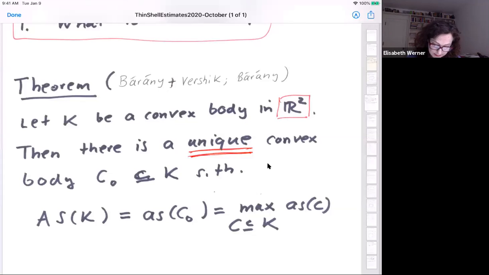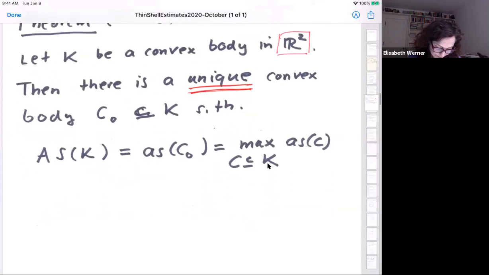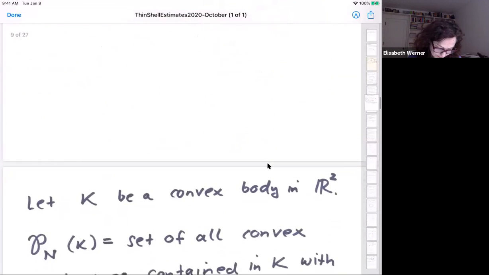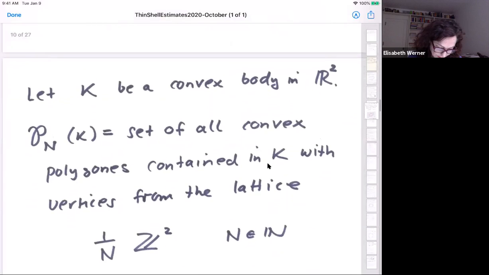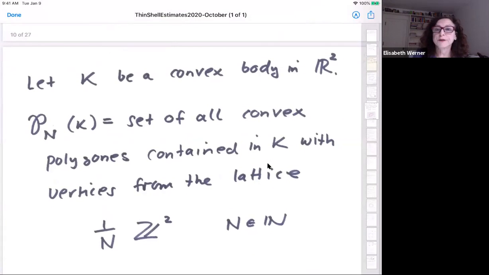The next one I want to mention is again a result due to Barany and Werner for the square, and due to Barany in the case of a general convex body, again only in the plane. Before I can do that, I need to introduce some notation.